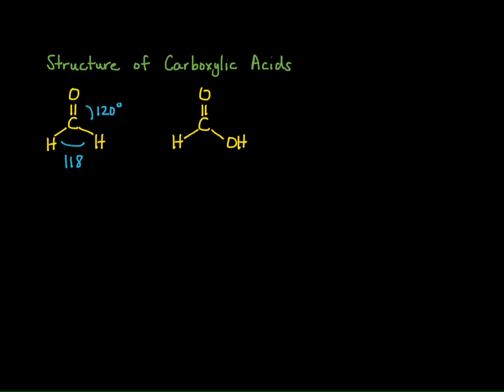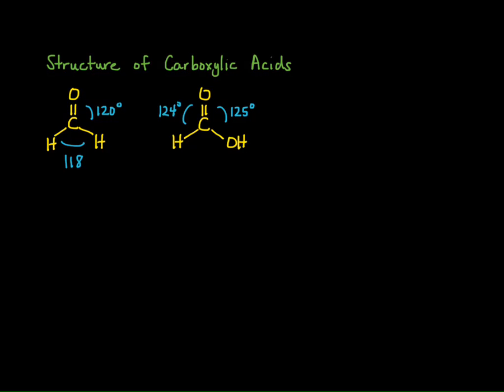So the way this plays out when we take a look at carboxylic acids, we might try to think about any possible bond changes, and there are really very small changes. We see that the oxygen-carbon-oxygen bond angle is 125, so it's a little bit wider than that of an aldehyde, simply because there's a little more repulsion between the two oxygens.